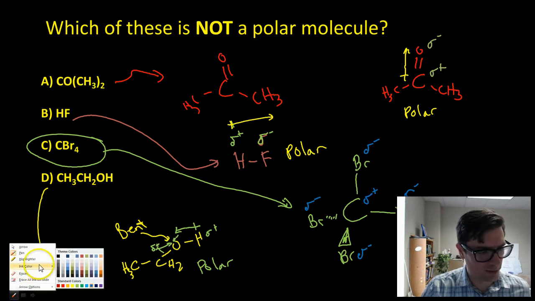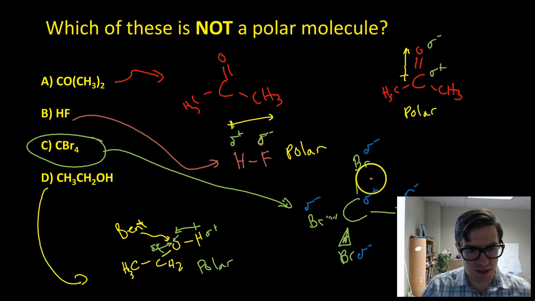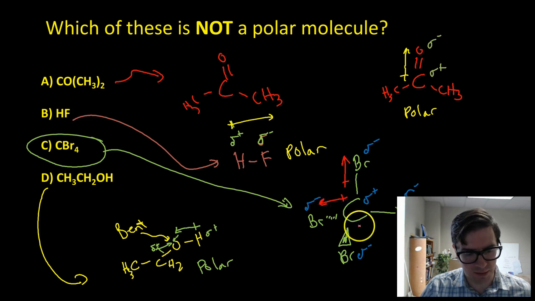But if you look at the way this looks in space, this is a tetrahedral geometry, and so you essentially have your charges moving in all directions, and they all counteract each other.